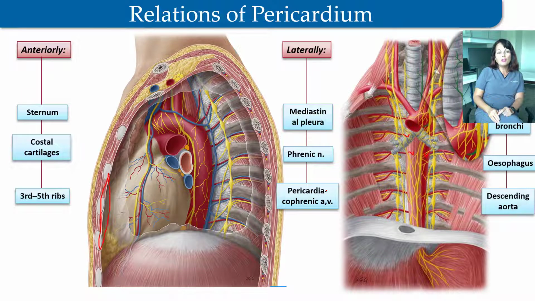Laterally, the pericardium is in contact with the mediastinal parietal pleura. The phrenic nerves and vessels run between the pericardium and the mediastinal pleura. And inferiorly, of course, the pericardium is related to the diaphragm.